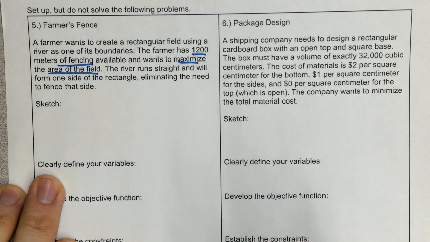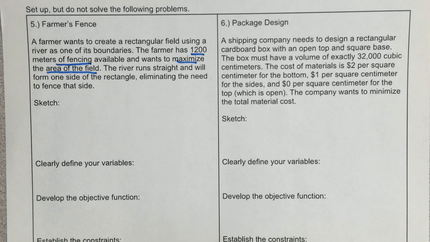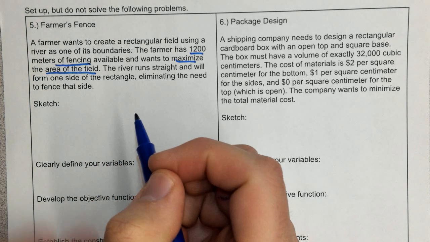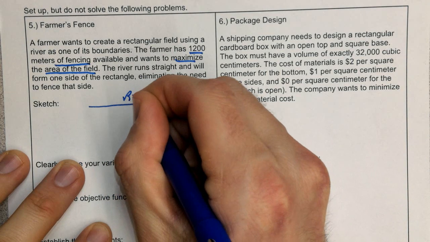So what's our objective function? Well, our objective function is going to be the area function because we want to maximize the area. Before we jump into that, though, before we get ahead of ourselves, let's sketch the situation. So let's say that we have the river right here. So this is the river, and this requires no fencing.